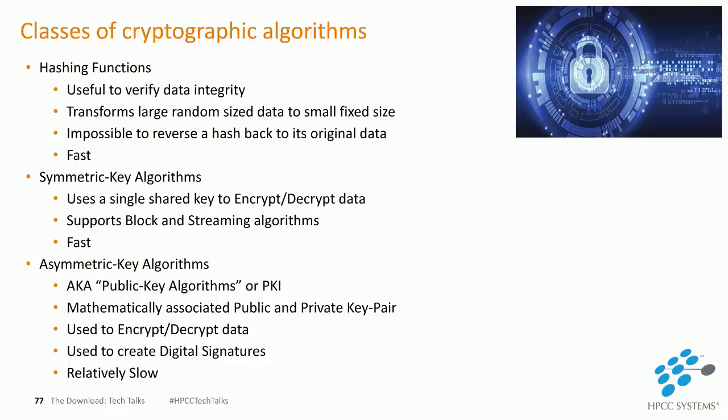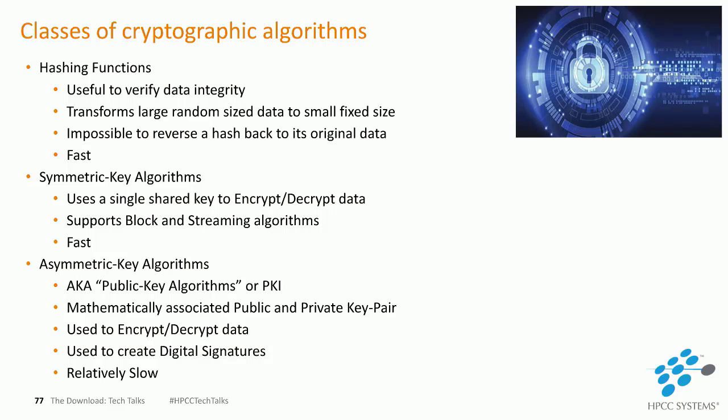And it's important to note that a hash cannot be reverse engineered back to the original data. And it's also guaranteed that you won't have a hash collision. You can't have two different sets of data that compute back to the same hash. And finally, it's fast, and that's going to be important. I'm going to tell you why later on.